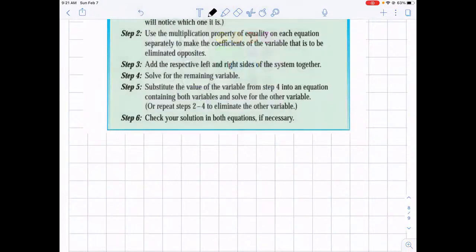Suppose I ask you to solve the system by the addition method.